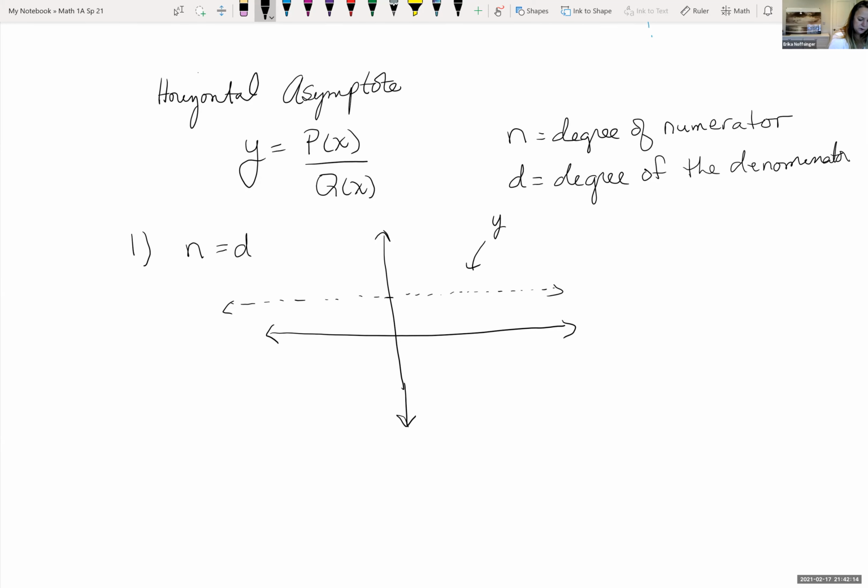It's y equals a divided by b, where a equals the leading coefficient, I'm going to just say LC of the numerator, and b equals the leading coefficient, LC, of the denominator.